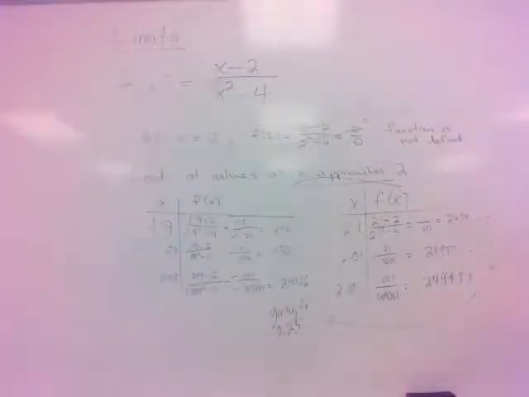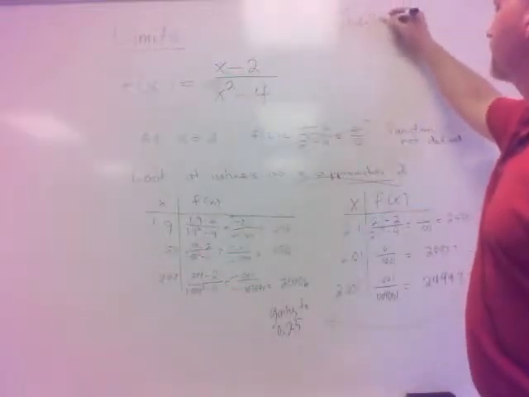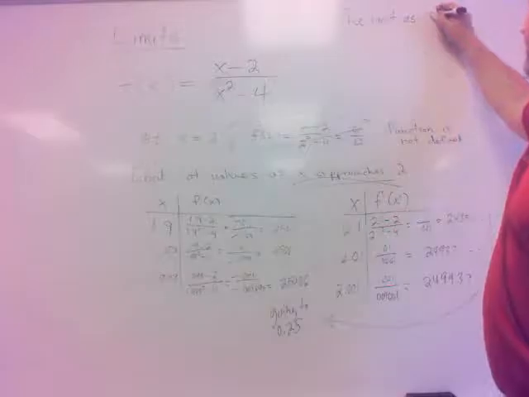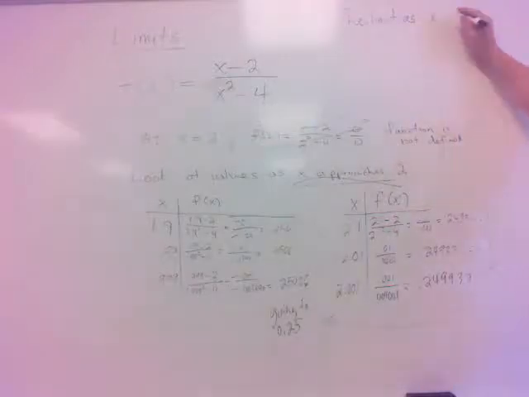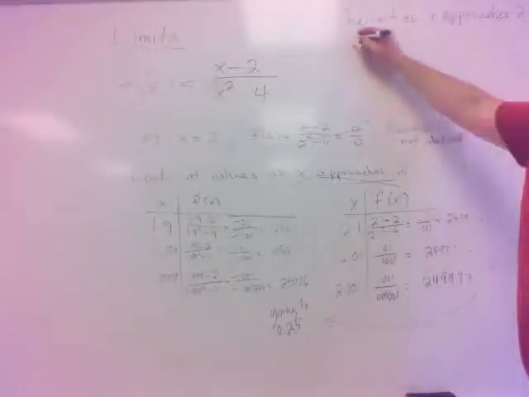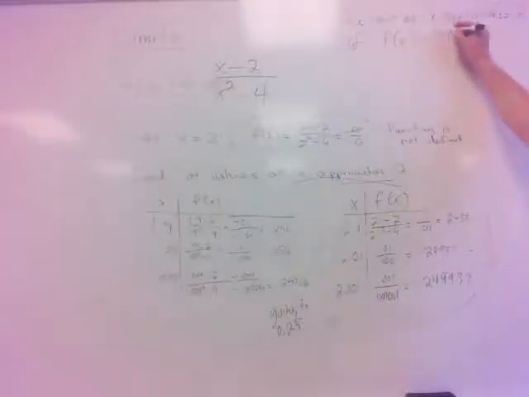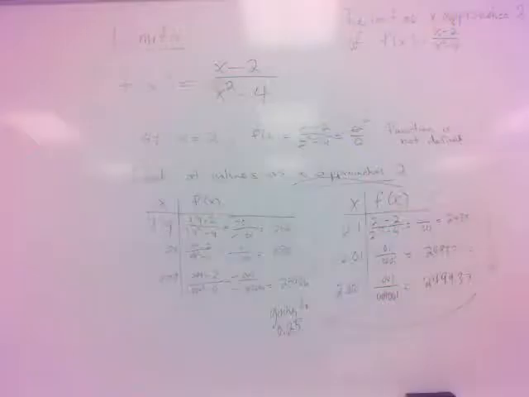We would say that the limit as x approaches 2 of my f of x function, x minus 2 over x squared minus 4, is this 0.25, based on our observations here using this table.